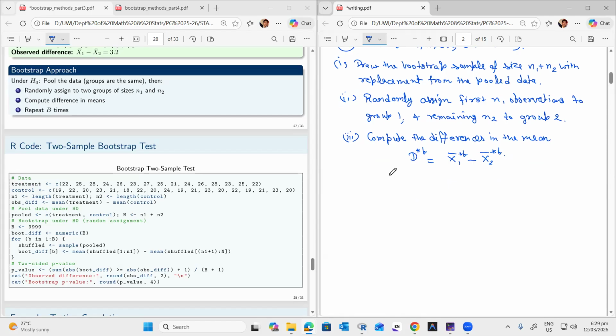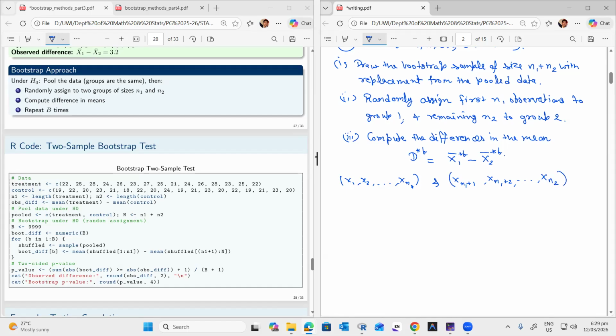Basically, what you need to do, if I just tell you from here up to here: when you have the data set x1, x2 up to xn1, and another data set xn1 plus 1, xn1 plus 2 up to xn2, this is your data set.